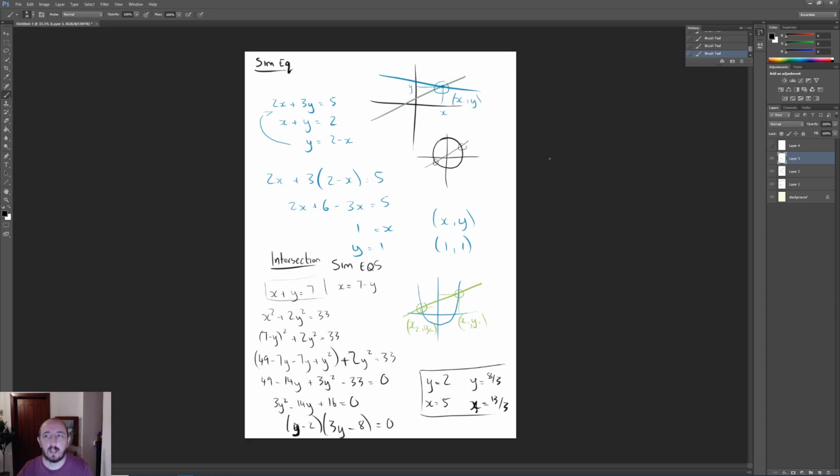Okay, I have seen on maybe one paper where when you solve this, it gives you one solution that's repeated. Like if you had a quadratic equation that had x squared plus 2x plus 1 equals 0, and you solved that and you got x plus 1 squared. So x equals -1 twice. If you ever get that situation where the quadratic gives you just one solution, that means that this blue line is a tangent to this circle.